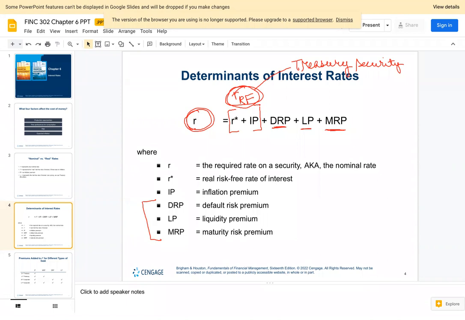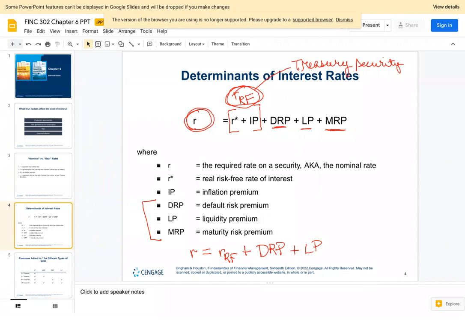So we can say that the nominal rate that we expect to observe on any security, on any investment, is going to be equal to the risk-free rate plus these premiums to take into consideration. Is there a default possibility on the issuer's part? Is it hard to liquidate that security?